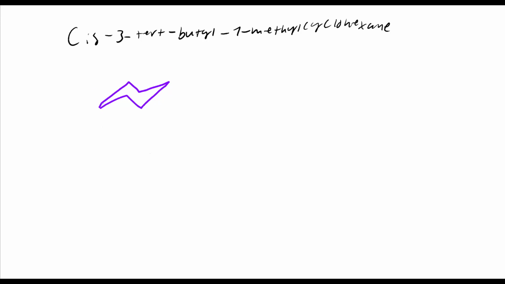And whenever you do this type of problem, just do your axial and then your equatorial. We're not going to write out methyl, because that's confusing sometimes. So we're just going to substitute it as Me. Notice that I put it on my equatorial first, because that's the most stable. I'm not going to put it on axial. That's not good. So I'm going to put it on equatorial first.